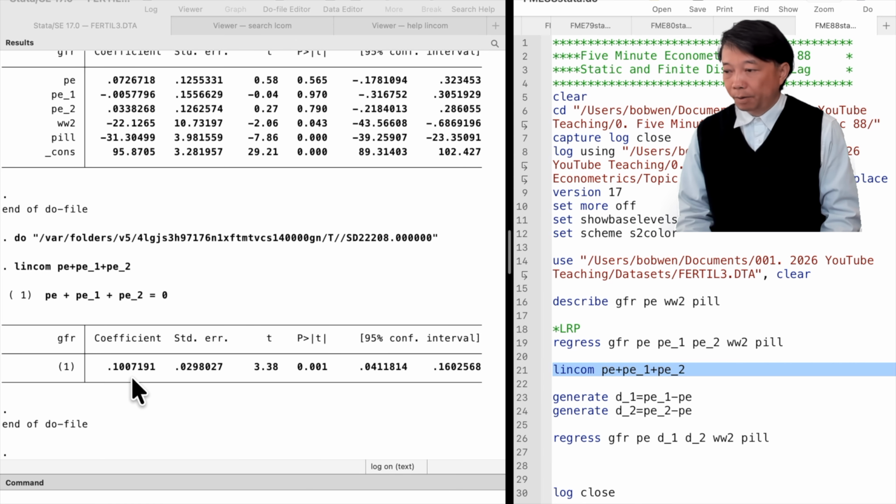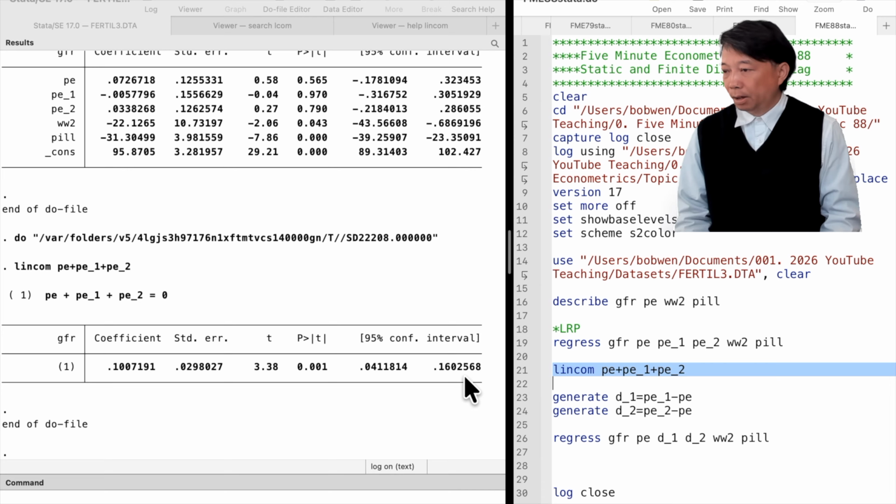If we want to find the standard error of the long-run propensity and do statistical inference, we have two methods. First, we can use Stata's lincom command to obtain the long-run propensity and its standard error, along with the t-statistic, the p-value, and 95% confidence interval.